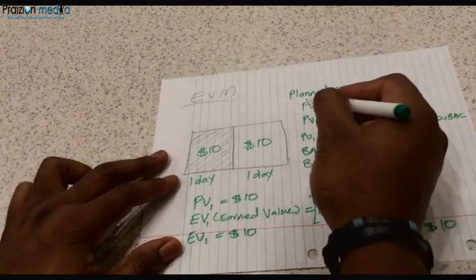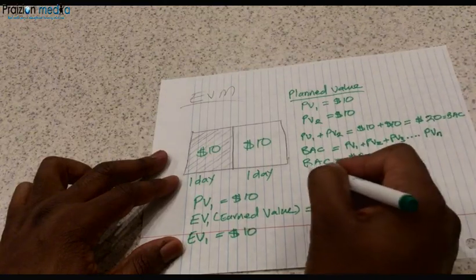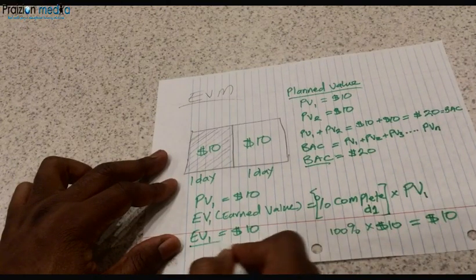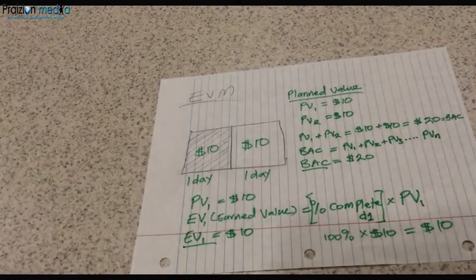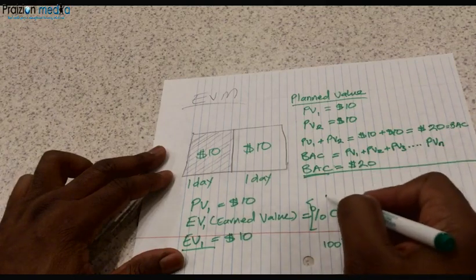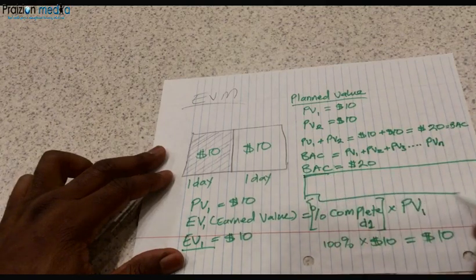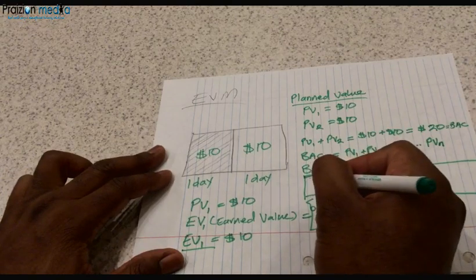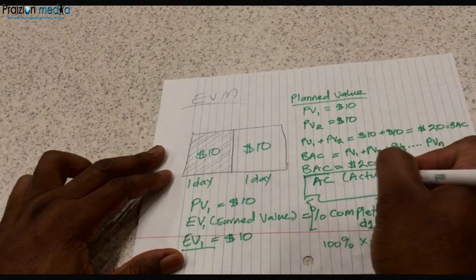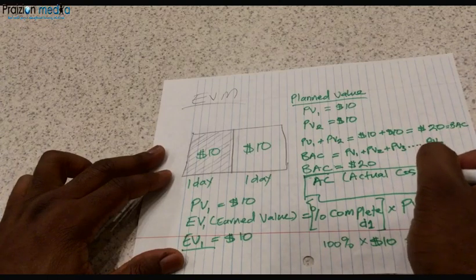Okay? So now you know the planned value, you know the budget at completion, and you know what earned value is. Now there is one more metric that we will talk about. And this final metric is known as AC, actual cost.